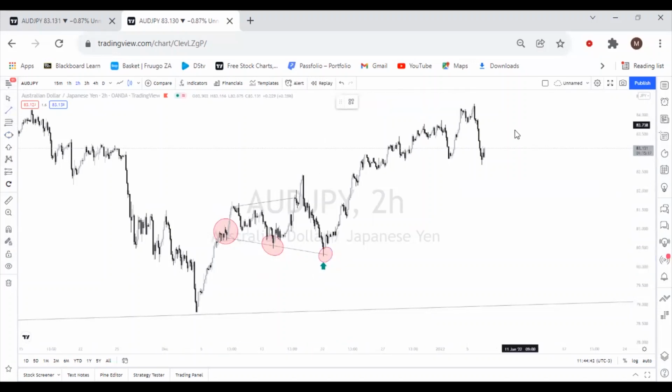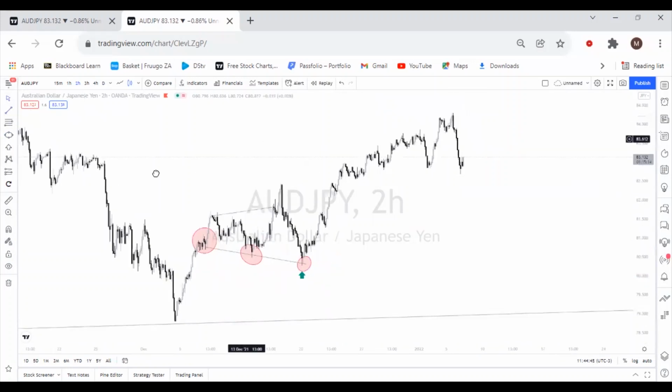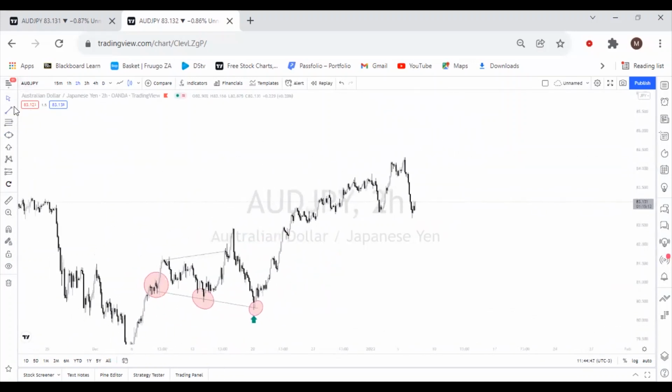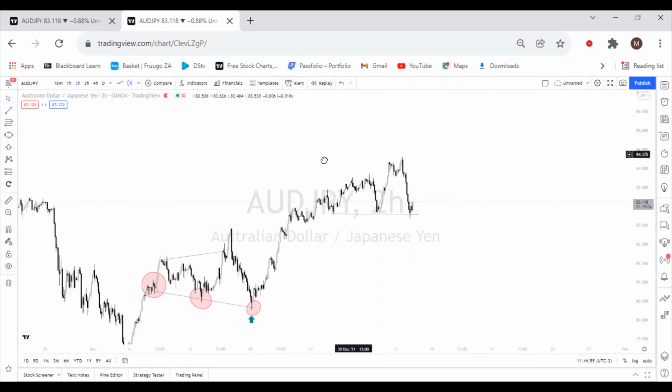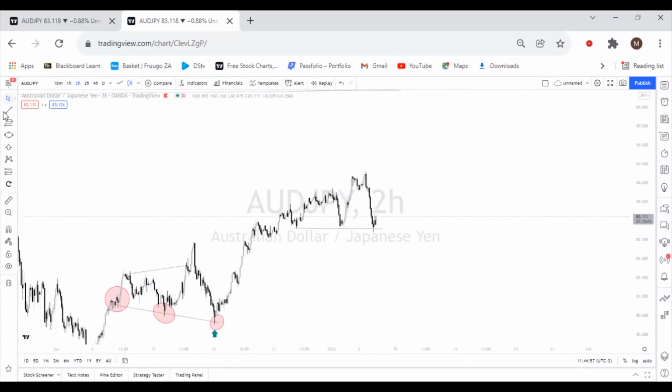And looking at our structure right here, the current price, you can see if you just draw a flat horizontal line, we already have our 3 touches that we need to execute this trade, which is 1, 2, and the third one right here.